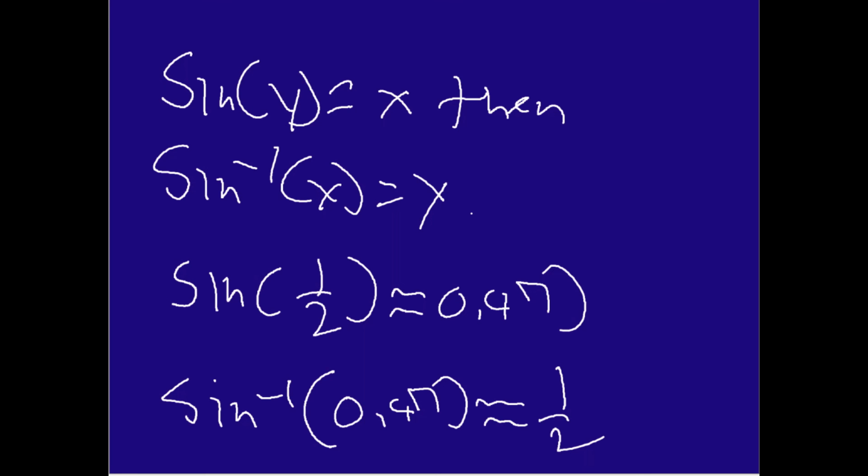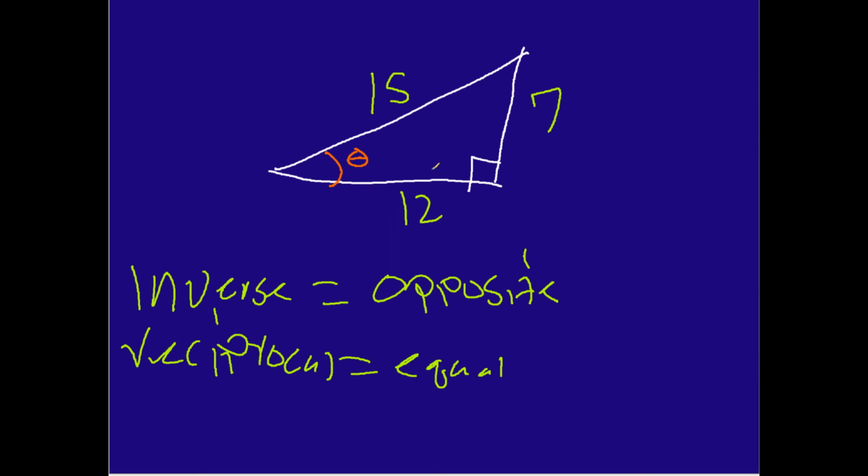And so the last thing I left you with is that when you have the sine of y equals x, the inverse of that is sine to the negative 1 of x equals y. So basically what's happening is that the inverse trigonometric function is undoing the behavior of the regular trigonometric function. Now, in the next video, I gotta really emphasize this.